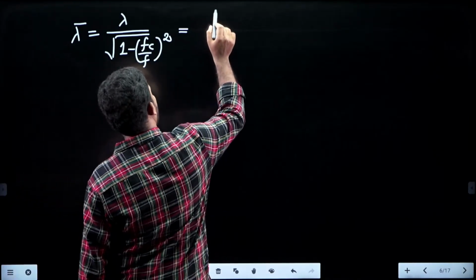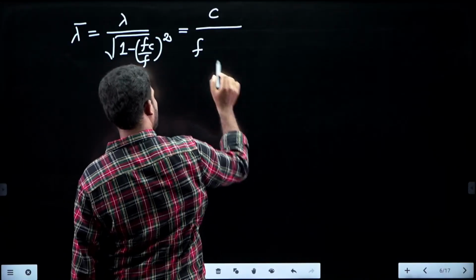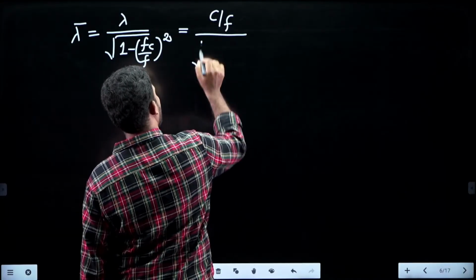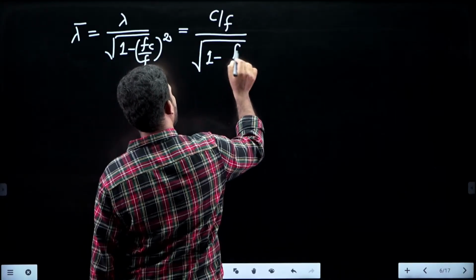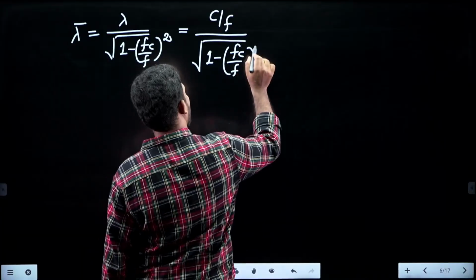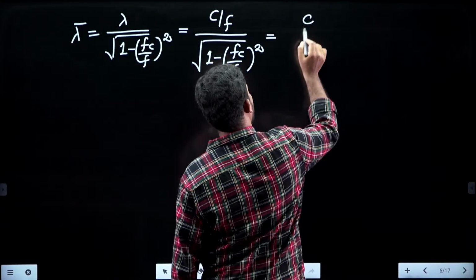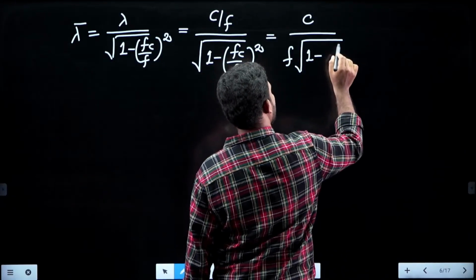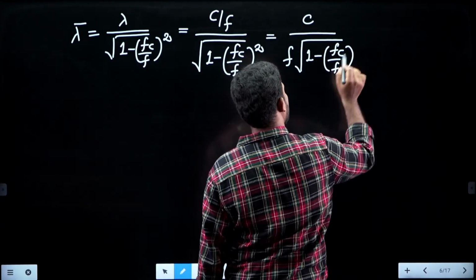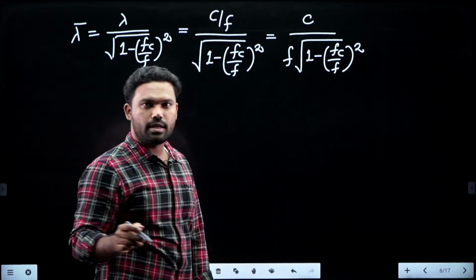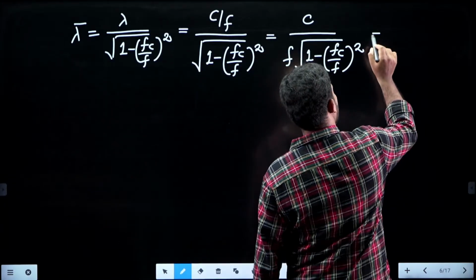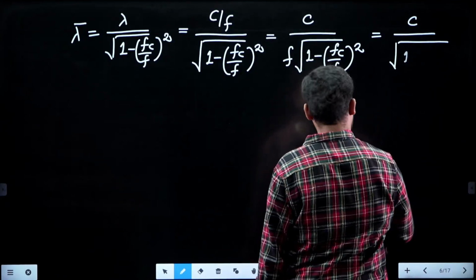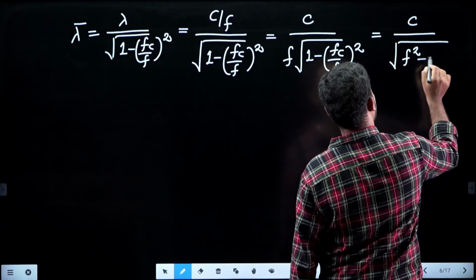So this can also be written as c by f, c divided by f square root of 1 minus (fc by f) whole square. This can also be written as c divided by f into square root of 1 minus (fc by f) whole square. You can bring this f inside, then it will become f square. So this will become c divided by square root of f square minus fc square.